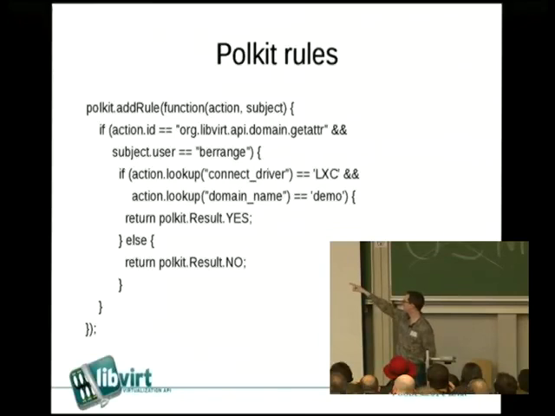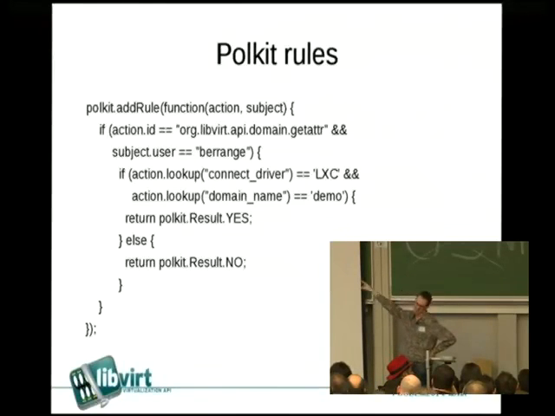There's a subject object, which tells you the user who's invoking it. And then the action object has a number of properties to identify the object. So in this short example, we're looking at an API call with a permission of getAttr. And the user is Daniel, myself. And we're looking at a guest running on the LXC hypervisor with a name of demo. And if all of those things match, then we allow access. If they don't match, then we deny access.